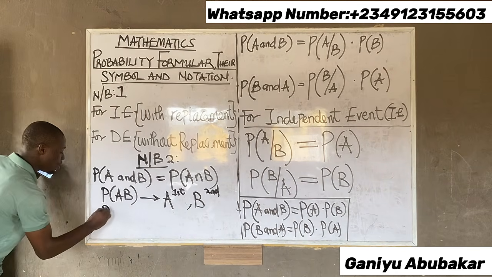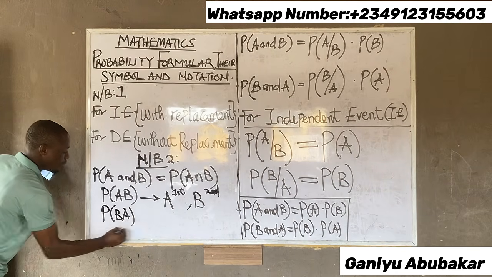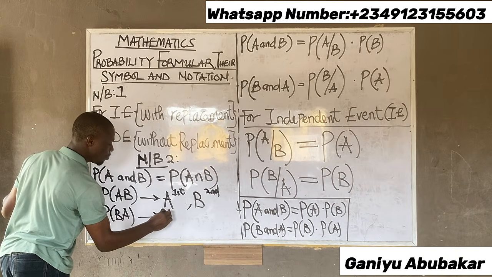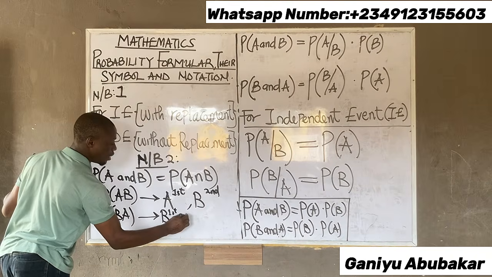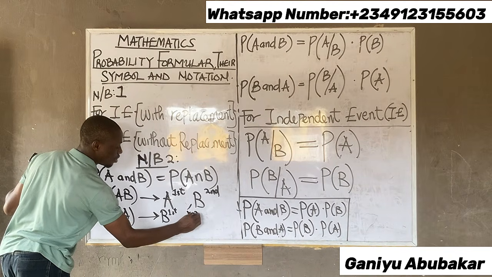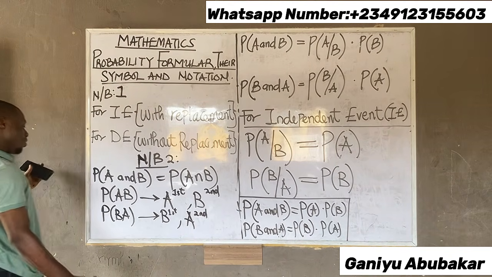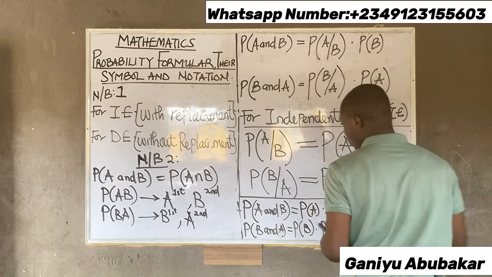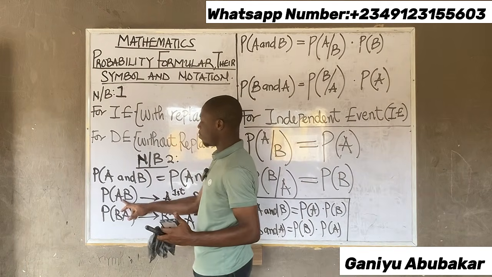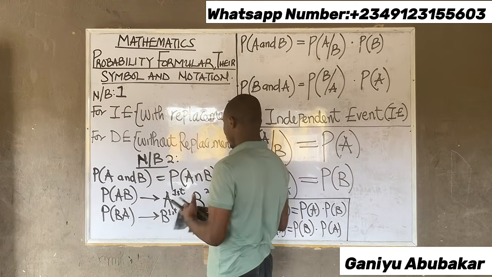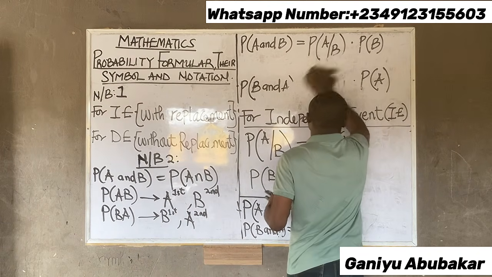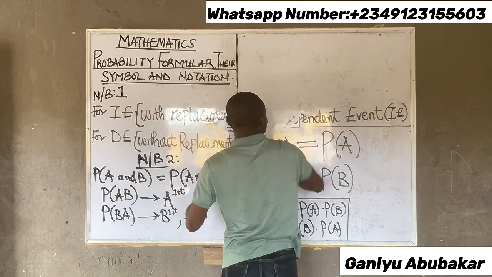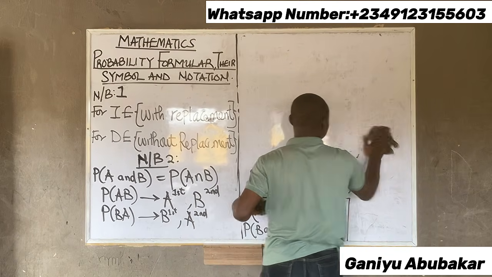And if I have the probability of B A, B comes first, followed by A, which comes second in this case. Here's where I'm going: observe that A comes first before B here, and here B comes before A. So don't mix it up, please. That is what I want to say, and do not mix it up.